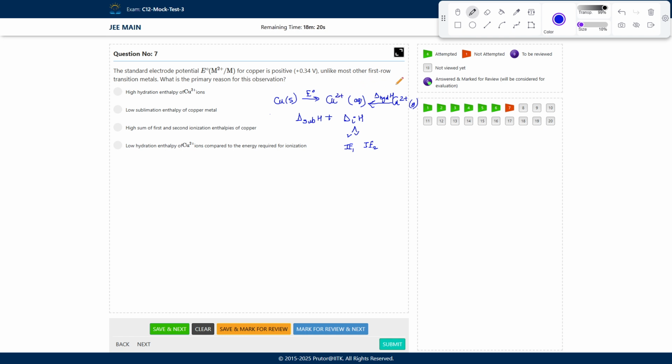So our correct reason is option D: lower hydration enthalpy of copper 2 positive ions compared to the energy required for its ionization, due to which copper shows the positive value of 0.34. That means the reduction of copper 2 positive to copper is less favorable.